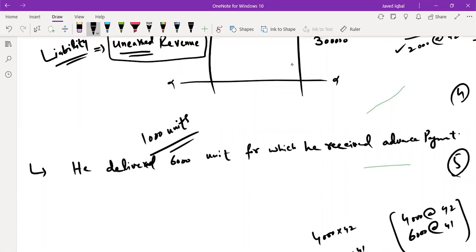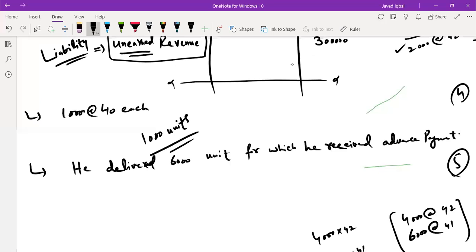How is it recorded then? Let's suppose there was a certain transaction in between which stated that you purchased 10,000 units at, let's say, 40 each.